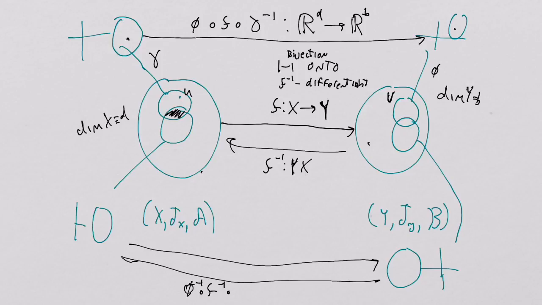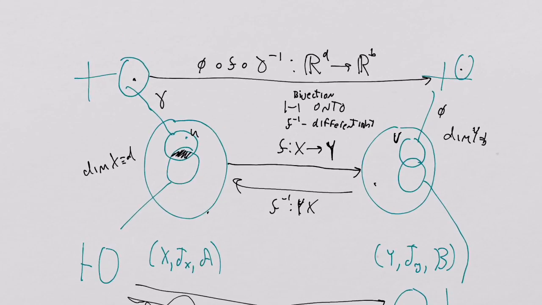phi, wait a minute, let me get this right. It's not down here, right? It's up here. Up here it would be phi inverse acting first, this way, then f inverse acting second, which is this thing, and then gamma acting last, like that.